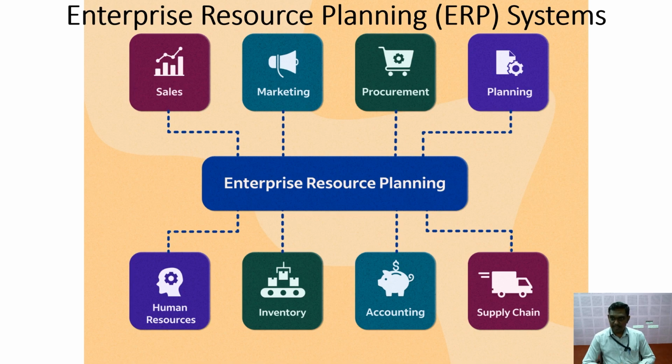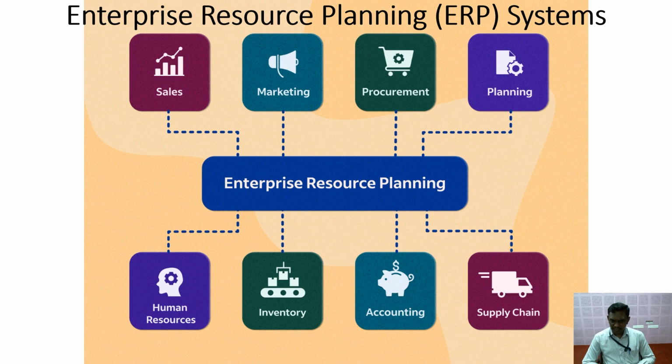We can easily plan for future activities, how we are going to do our business in the future, and how we are going to do our financial planning, like that. And human resources: suppose we want to recruit people, we can give the data to the enterprise resource planning. That enterprise resource planning will recruit a suitable, perfect person for a particular job.